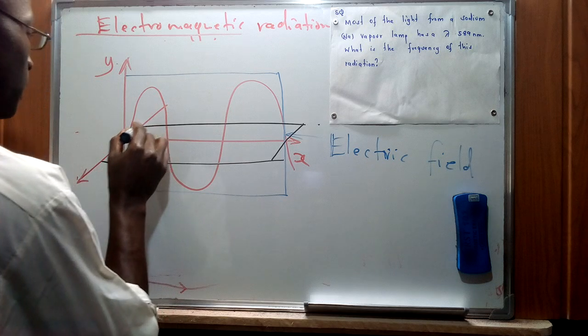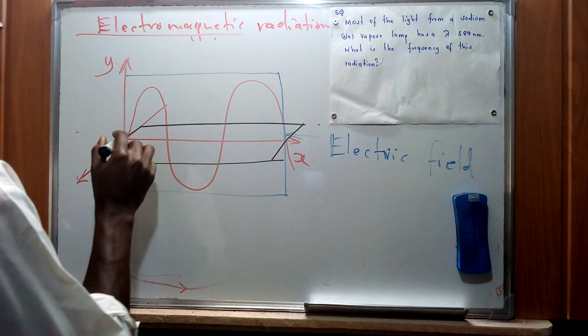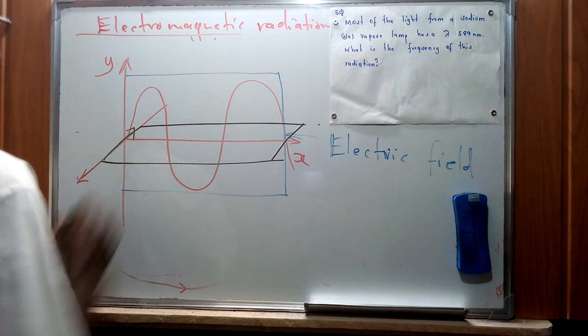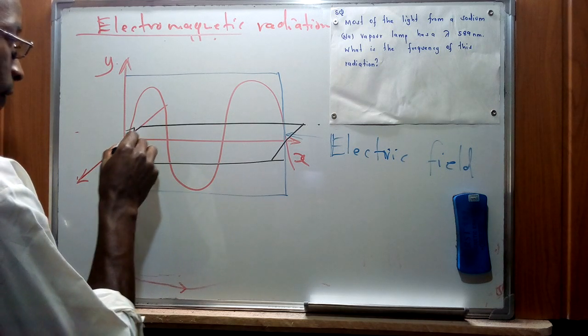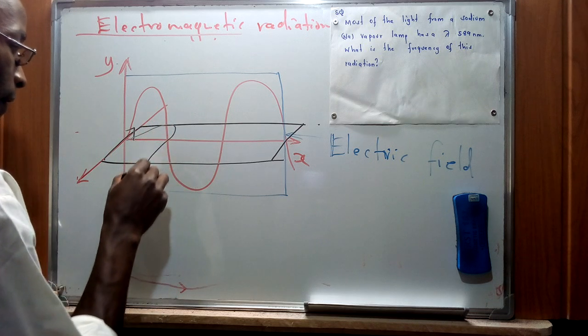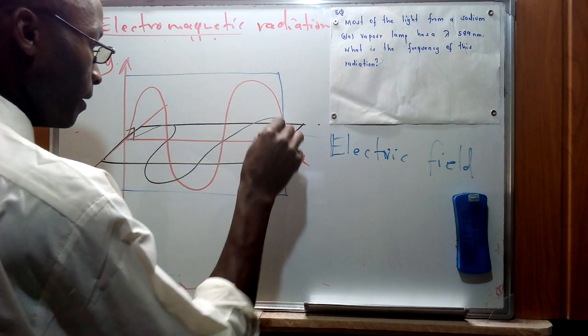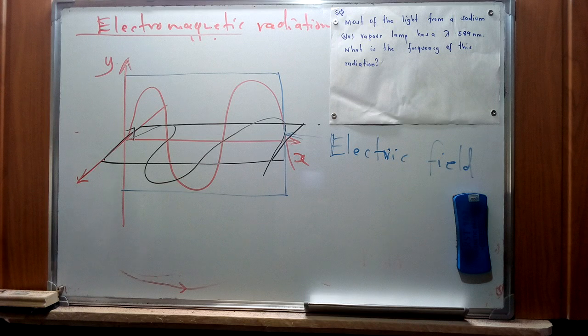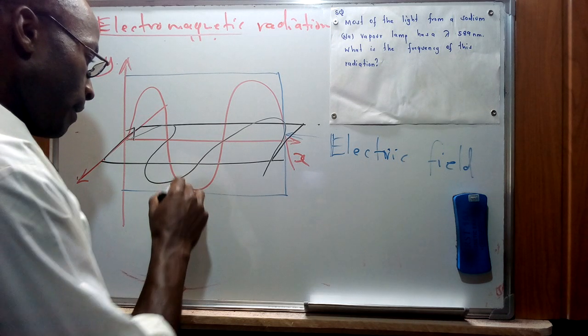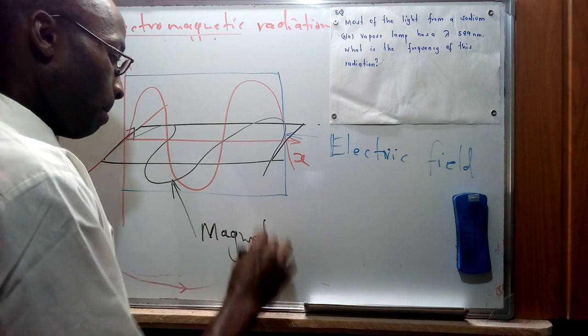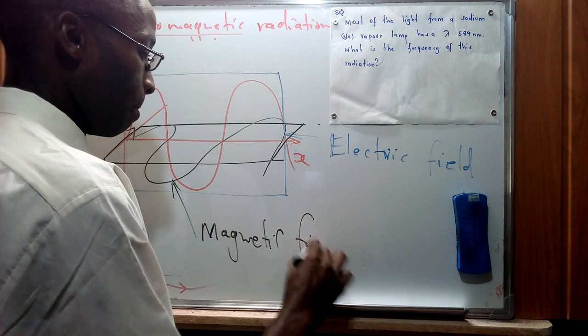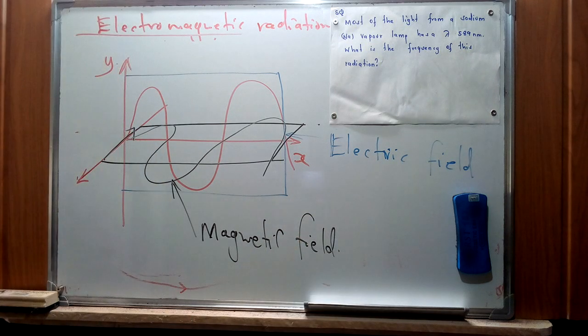Now this is another plane that is perpendicular to the first one. So if we have another wave that is running in this plane and it is perpendicular to the first plane, this will form the magnetic field in this particular space.